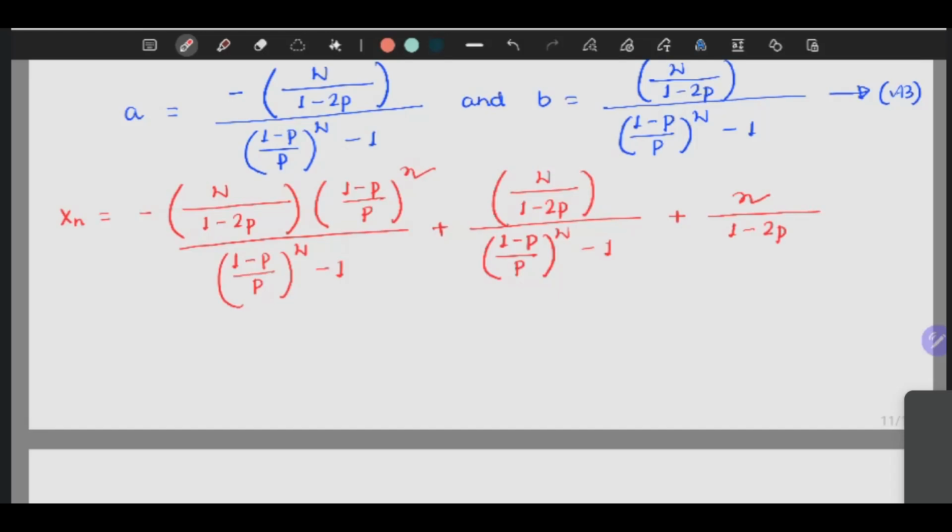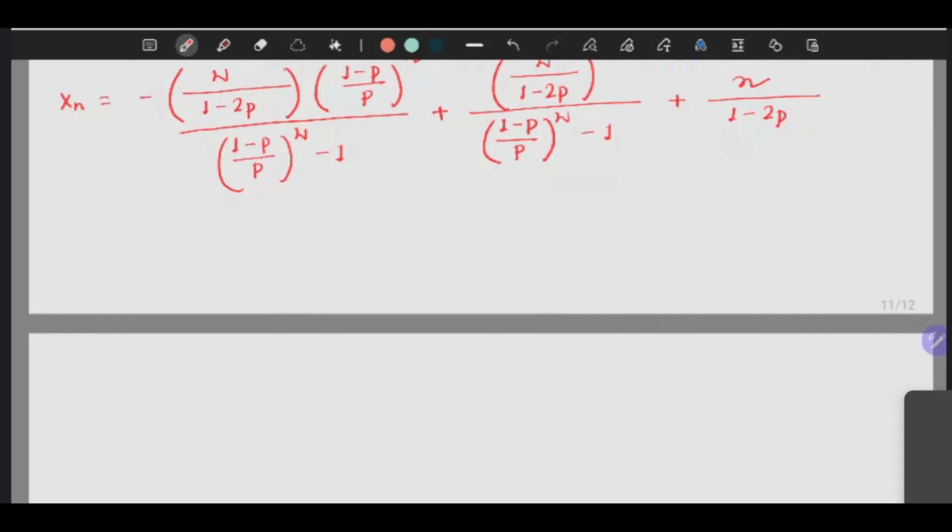Okay, so basically now you can take out these things. So w by (1 minus 2p) you can take out.